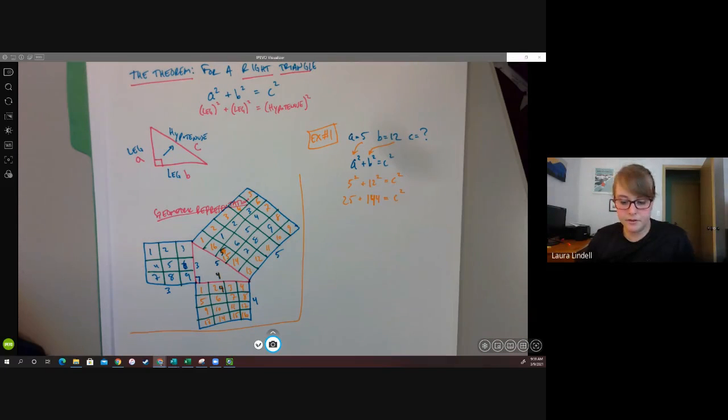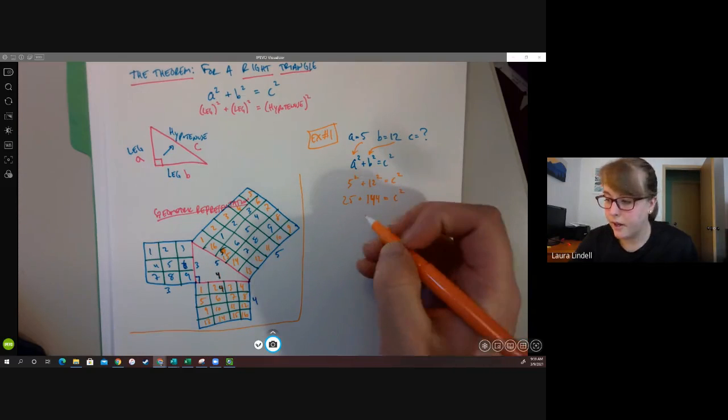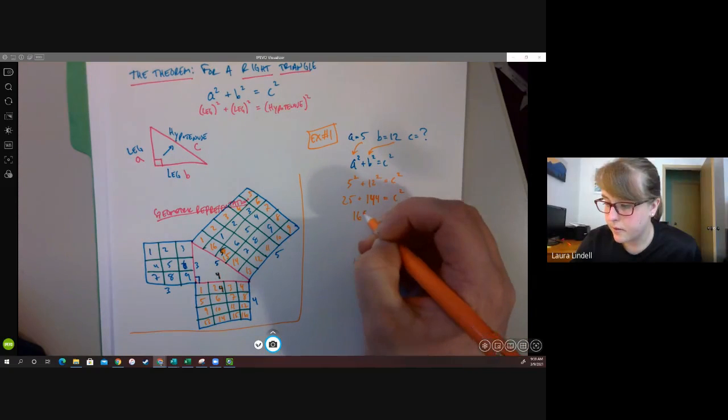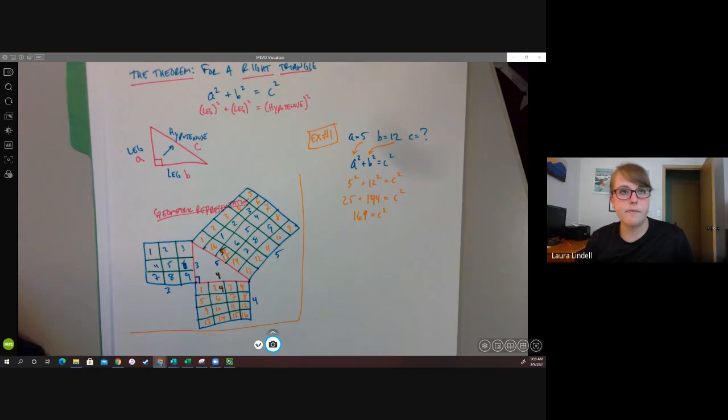Then we want to add those two things together. 144 and 25 together is 169. And that's equal to C squared. And then we're almost done, but not quite. 169 is not our answer. What do I have to do to get rid of a square? Anyone know?